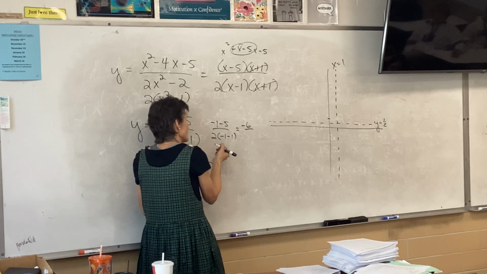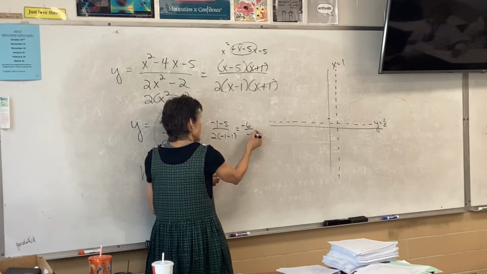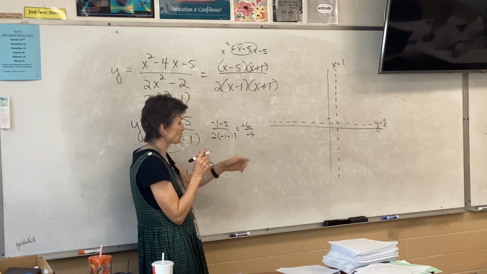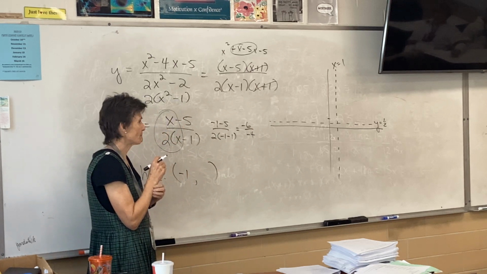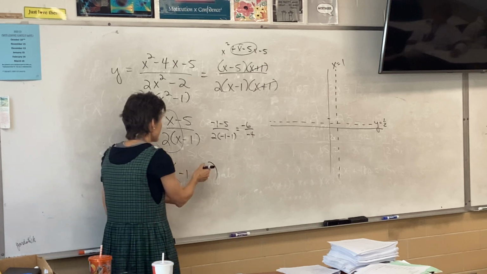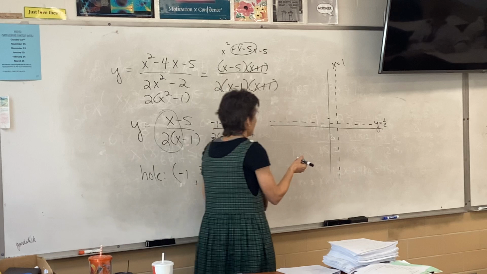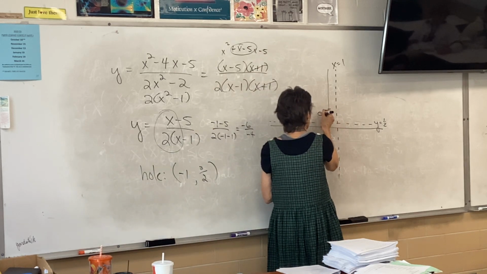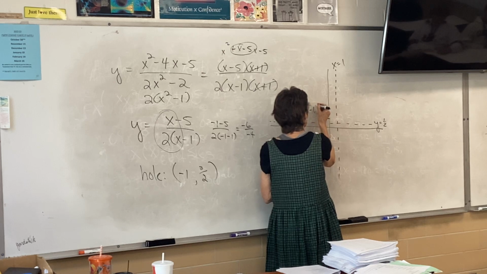Well, -1 minus 1 is -2 times 2, that's -4. Oh, my bad. That's on me. So that's -6 over -4, 3 halves. So I have a hole at -1, 3/2.